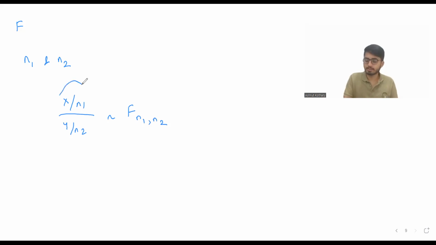The quantity x by n1 whole divided by y by n2 follows F distribution with parameters n1 and n2.